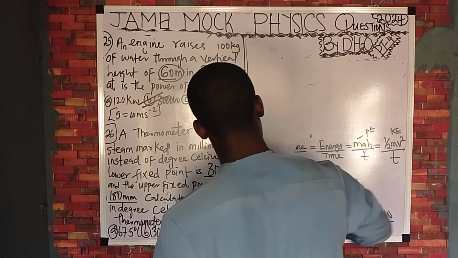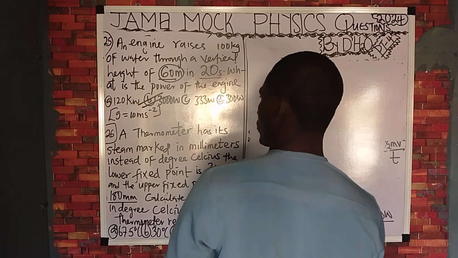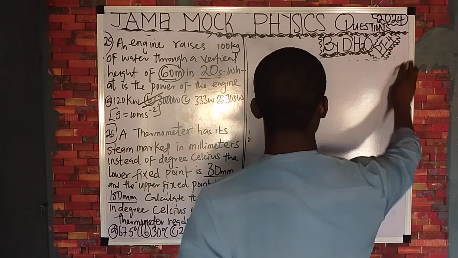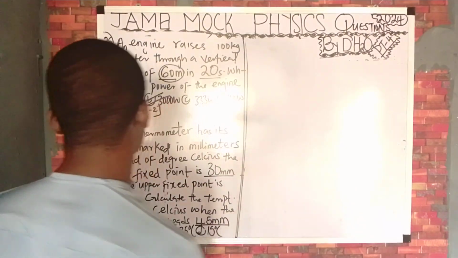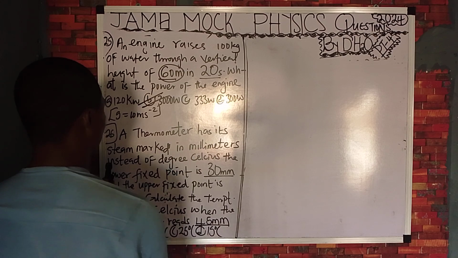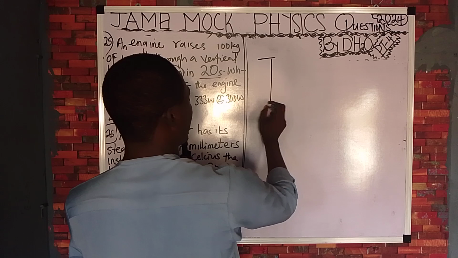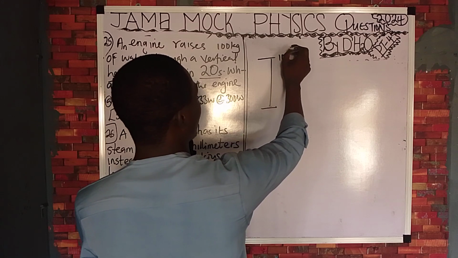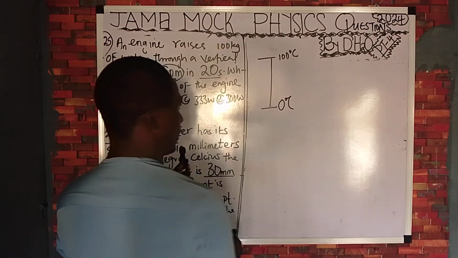Now let's quickly solve this question before we continue. The question says that a thermometer has its scale marked in millimeters. Okay, don't forget that your thermometer reading has its upper fixed point as 100 degrees Celsius and lower fixed point at 0 degrees Celsius.